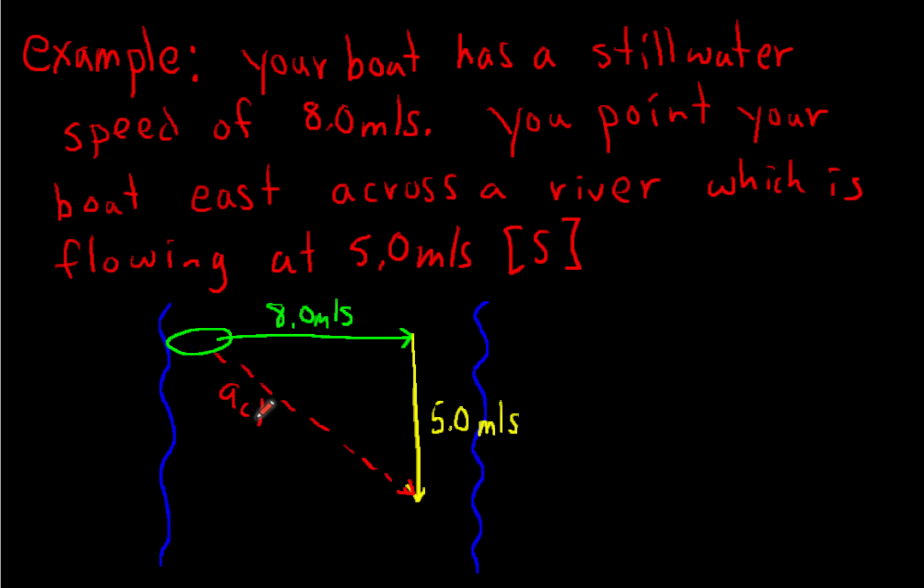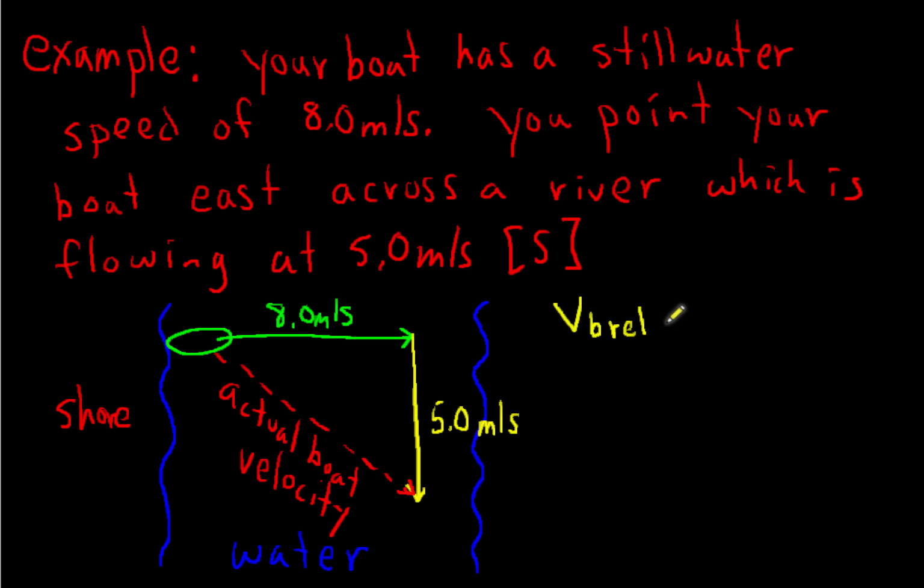This is a relative velocity problem because we have 2 points of view. We have the point of view of the water and the point of view of the shore. And we have to consider the different velocities from the different points of view.